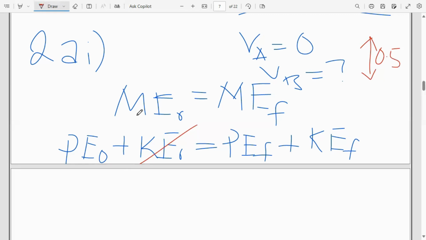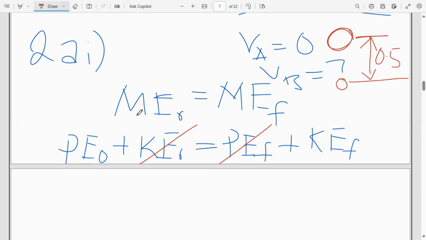If I'm calling that the ground, here it is 0, and at the top it is 0.5. The pendulum goes from that point to the final point, which is 0. So at the final point, potential energy also doesn't exist, because the height is equal to 0, and the potential energy is due to height.